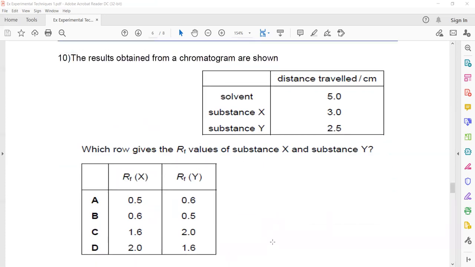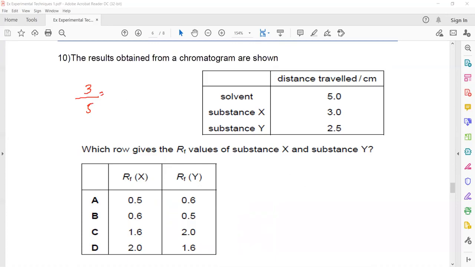In question 10, the results obtained from a chromatogram are shown. The distance traveled by the solvent is given, and the distance traveled by substance X and substance Y is also given. So what is the RF value of X and what is the RF value of Y? RF value of X is distance moved by the spot divided by distance moved by the solvent.